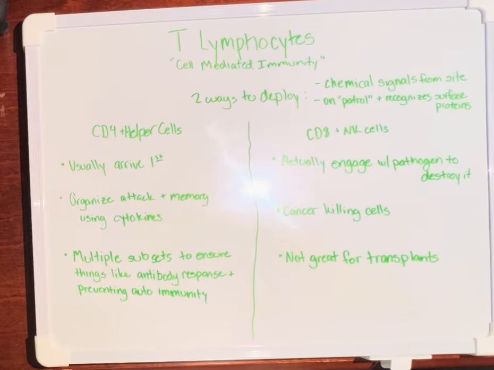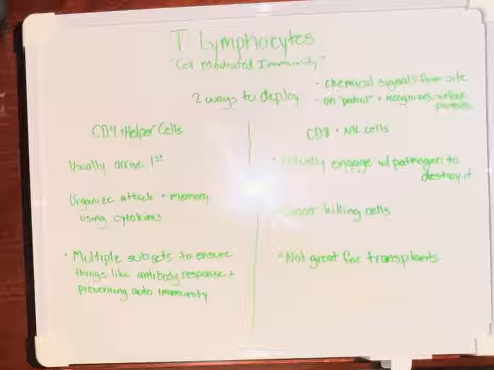So then these differentiate as well into CD4 and helper cells, and then the CD8 and natural killer cells, or NK cells. The CD4 and helper cells are usually the first to arrive, because they are the ones that organize everything, and they do so using cytokines.